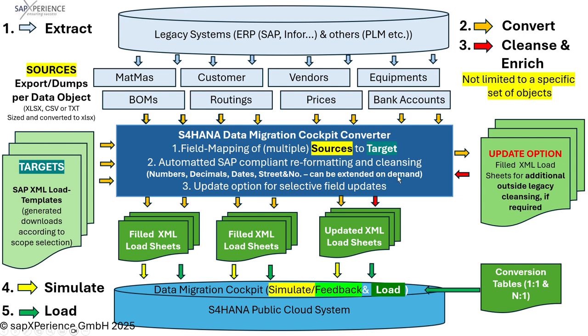And we will certainly facilitate this update option to do some cleansings outside the legacy systems, because we cannot cleanse each and every field that requires cleansing in the legacy system, because of course our legacy system needs to run productive until the SAP S4HANA go live.